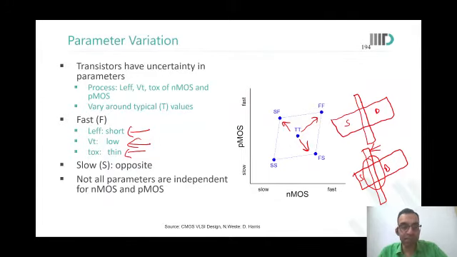In fact, you will realize that in advanced technologies, there are retrograde implants, super halo implants, halo implants, and such complex doping that whatever picture we are talking about, Faisal, is largely hypothetical and just for ease of understanding. The actual process is fairly complex, with multiple features figuring in.